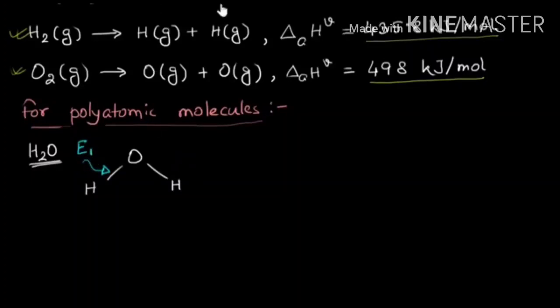Let us take the first energy. To break one bond is E1, and to break the other oxygen hydrogen bond is E2. In this case, E1 is not equal to E2. These two energies are different. This is due to the hydrogens influencing each other.